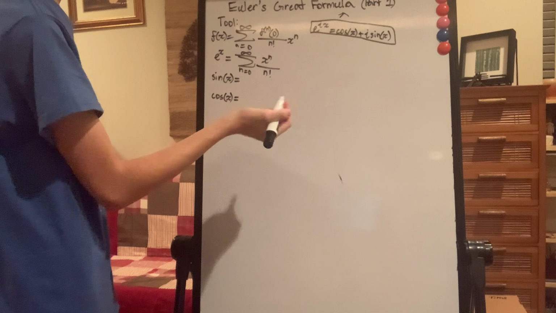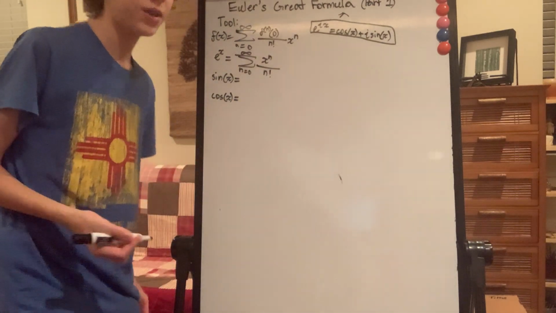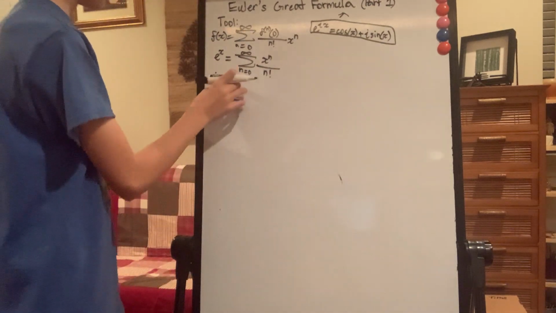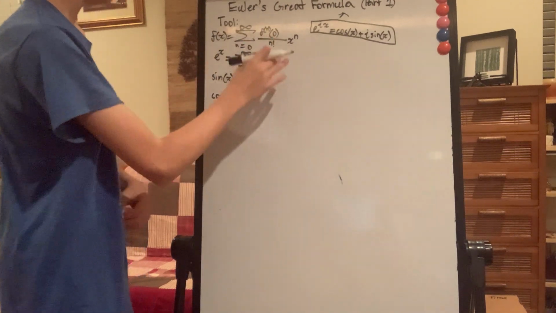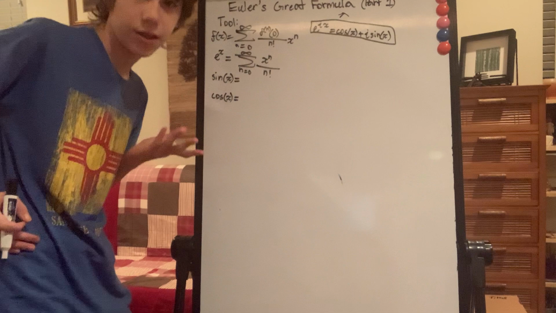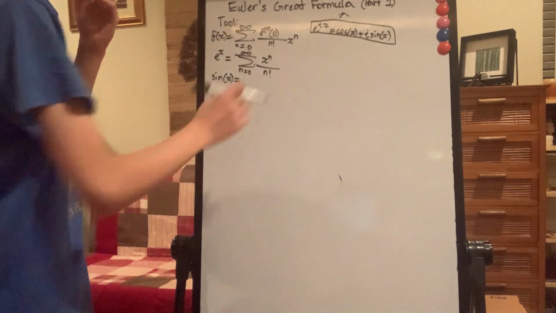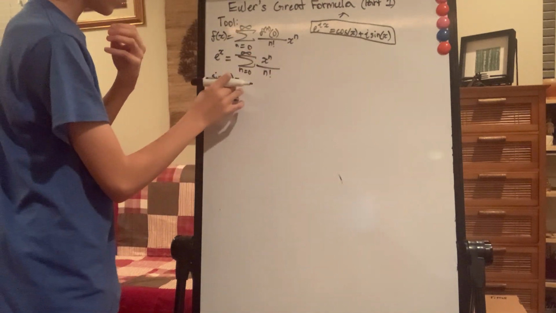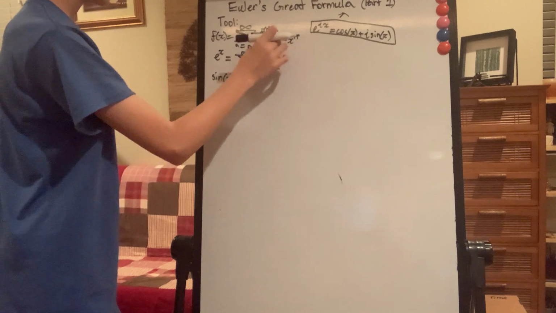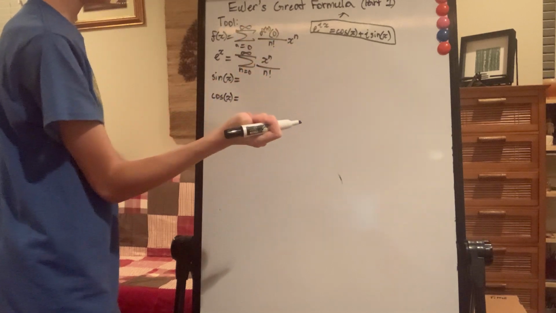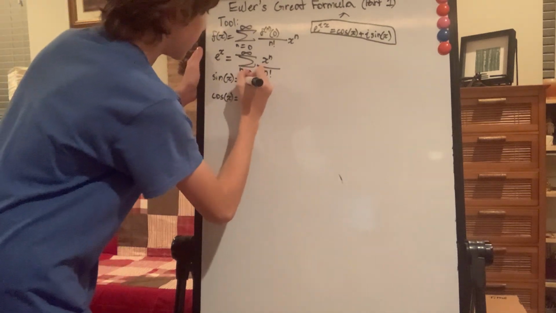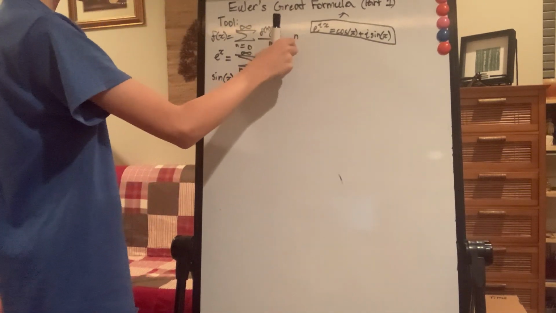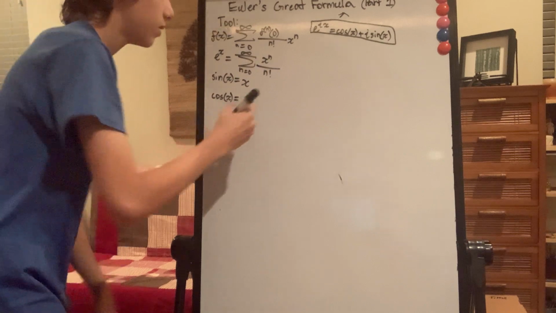So the first term of sine of x in the Maclaurin series is 0. Second term: the derivative of sine of x is cosine of x, and plugging in 0, we get 1 over 1 factorial, which is 1, and here we obviously get x, because x to the first power is x.